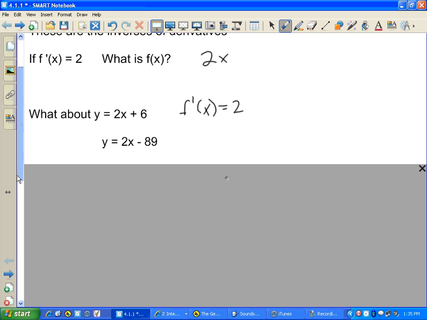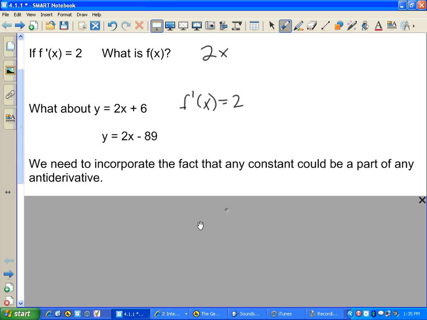So we need to incorporate the fact that any constant could be trailing along on the end of our antiderivative, because anytime we take an antiderivative, there could possibly be a constant in that original function.